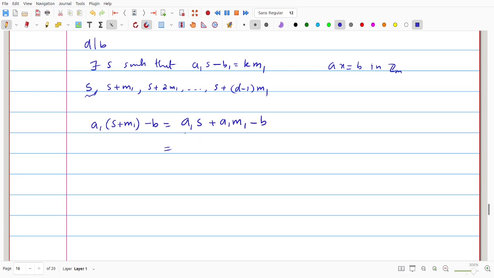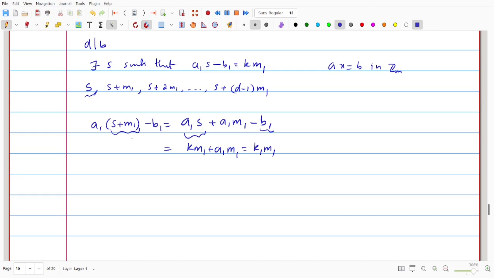But we know that a1s minus b1 is a multiple of m1, that is equal to k m1. So we can write k m1 plus a1 m1, again this is a multiple of some k1 m1. Again this is a solution of this.